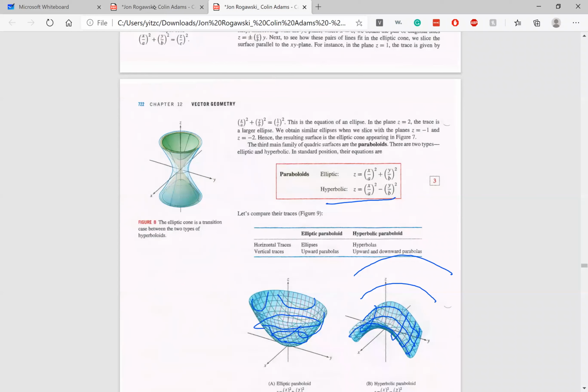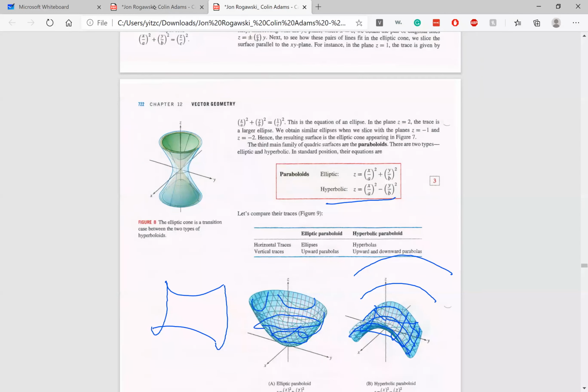So this is when z is equal to a constant, and there are these hyperbolas like that, and then you have another one here, in the z direction. These are the parabolas, and this is how your saddle looks, basically.